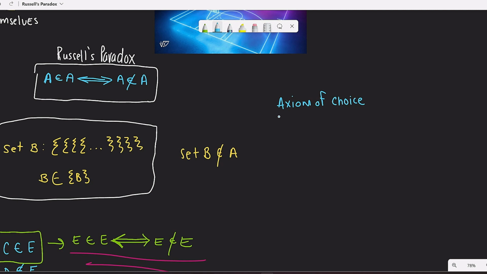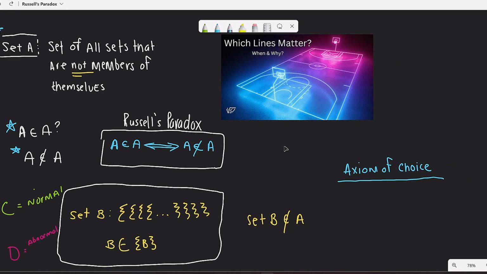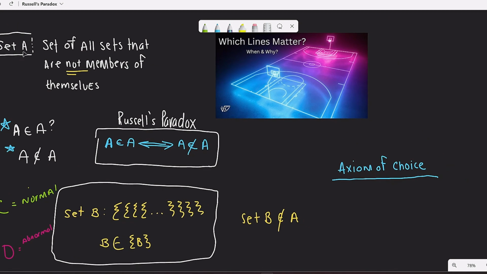And what this axiom says, in its simple terms, is that if you have an infinite collection of sets, like set A is a set of sets, an infinite number of them, you cannot just pick one element from that set and make a new set. And so you can't just have A be a member of A. We can't pick out a set and call it a set. It is an element only.